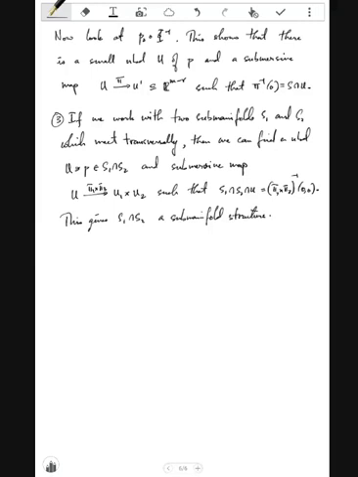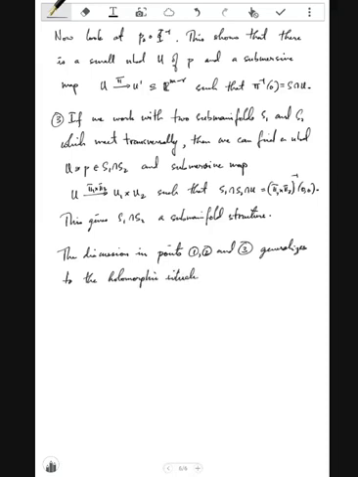The discussion in points 1, 2, and 3 generalizes to the holomorphic situation, where the tangent space is replaced by the holomorphic tangent space.